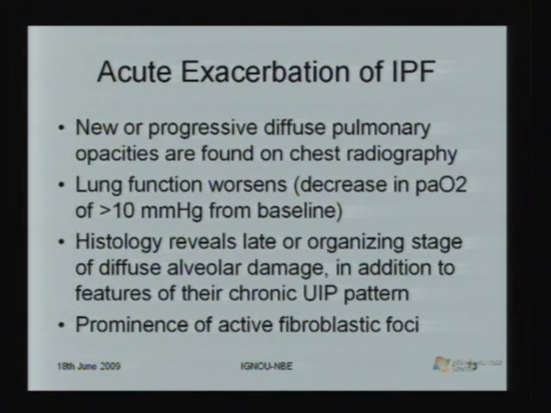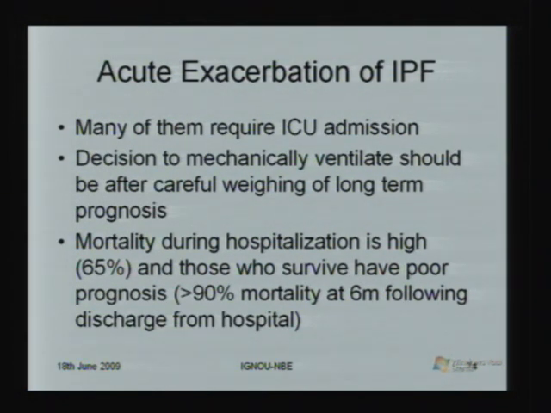New or progressive diffuse pulmonary opacities are found on chest radiography. Lung function would usually worsen, with a decrease in the PaO2 of more than 10 mm mercury from baseline. The histology would reveal a late or organizing stage of diffuse alveolar damage, in addition to the features of the chronic UIP pattern, and there is a prominence of active fibroblastic foci on lung biopsy.